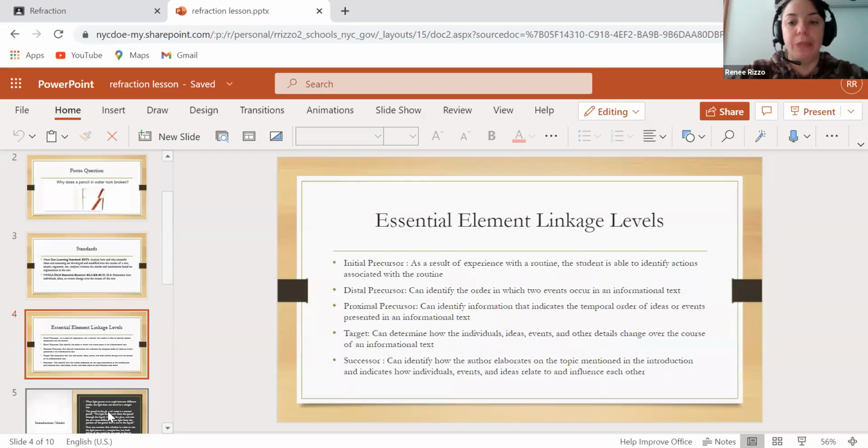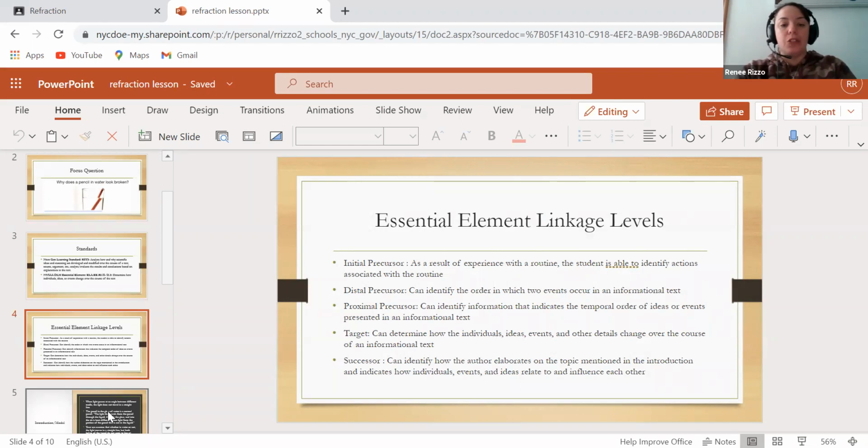The essential element linkage levels. Initial precursor: as a result of experience with a routine, the student is able to identify actions associated with the routine. Distal precursor: can identify the order in which two events occur in an informational text. Proximal precursor: can identify information that indicates the temporal order of ideas or events presented in an informational text.